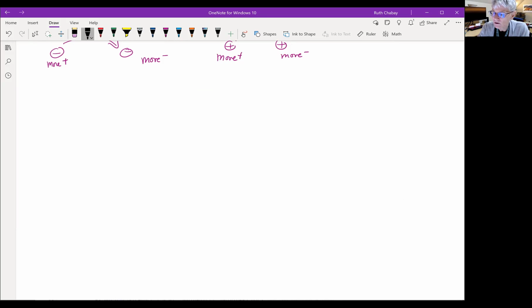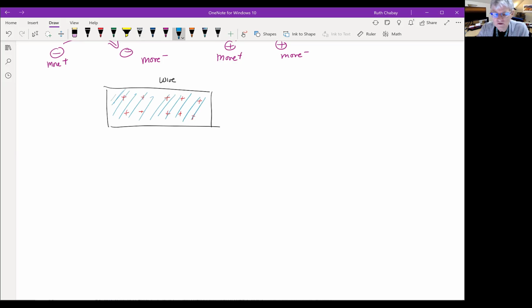Here's our little piece of wire, and here are our positive atomic cores that are sitting there and not moving, and we have this sea of mobile charges that's free to move.